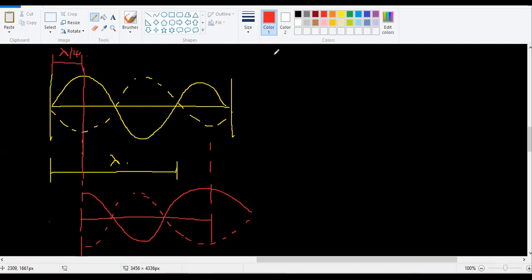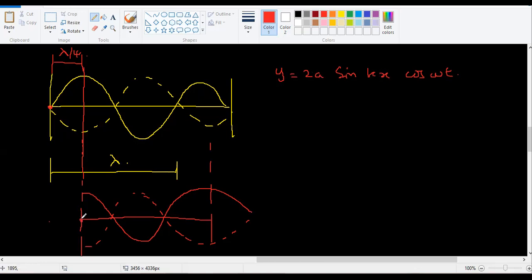For that reason, we put y is equal to 2a sine kx cos omega t. This can be rewritten for this location. When x is equal to 0, the displacement is 0. So when I put 0 here, the displacement will become 0.